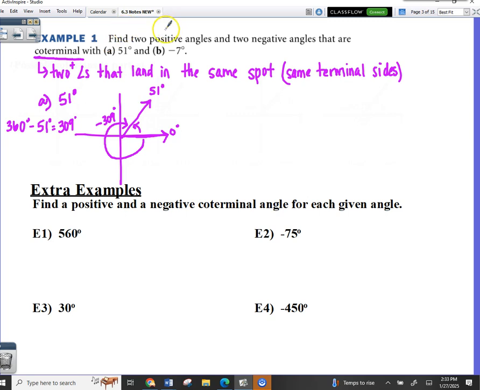Now, that's one. It wants another one. That's a negative. It wants either another negative and then 2 positives. So let's keep this thought going. If I was right here on this terminal side, what if I did a full 360?